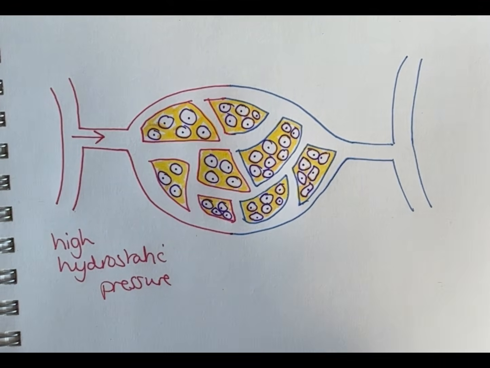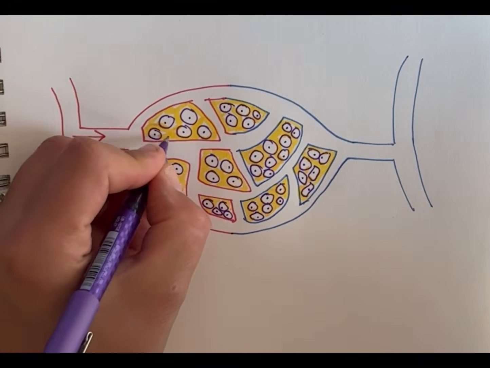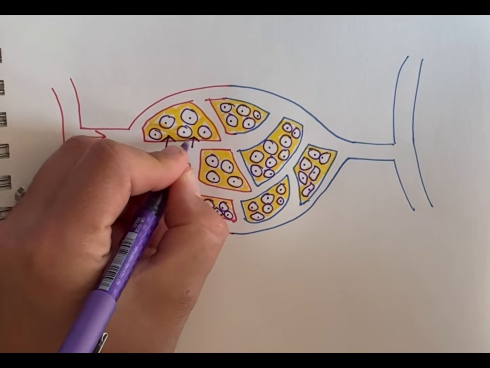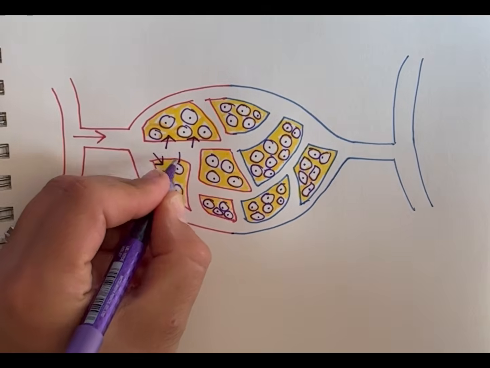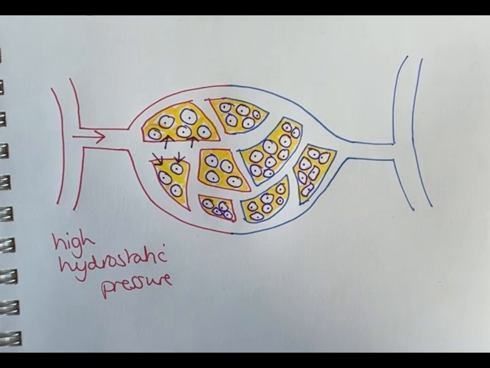So due to the heart beating, this pressure causes water and small molecules to be forced out of the capillaries through tiny holes between the different endothelial cells into this yellow surrounding tissue fluid, which is bathing the cells. Proteins and red blood cells are too big, so stay inside the capillary.